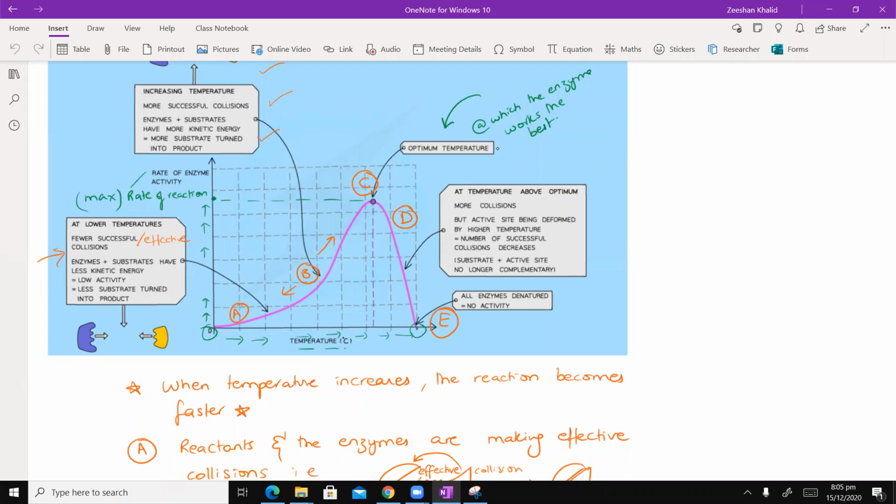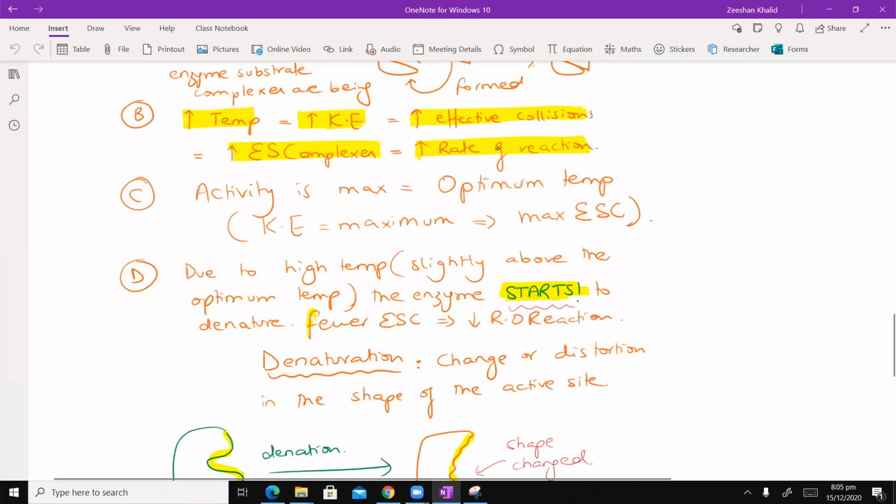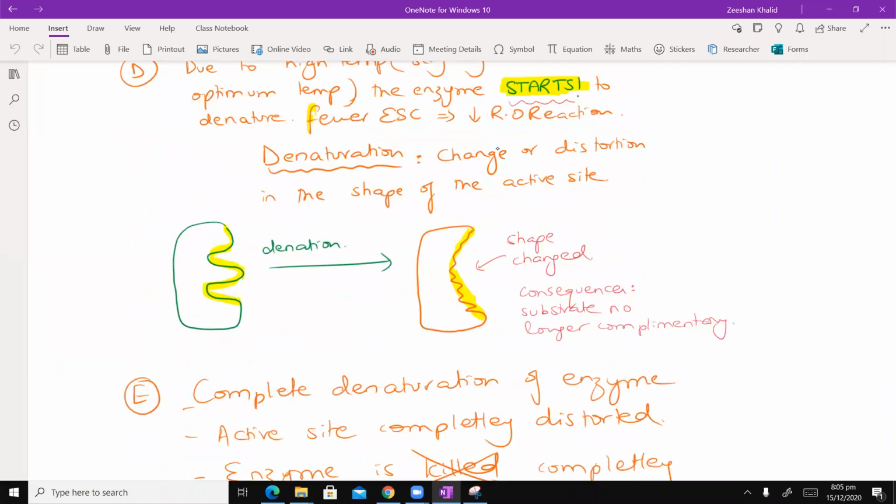And then once we go slightly beyond the optimum, that's where the denaturation of the enzyme starts. और हमने डिटेल में देखा था कि denaturation basically means it's the change in the shape of the active site, which means that it is no longer complementary. So for me to say shape changed, I need to support that with the following statement, which means that the substrate is no longer complementary.